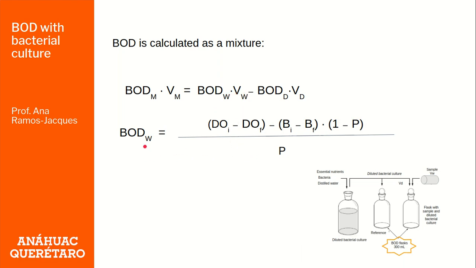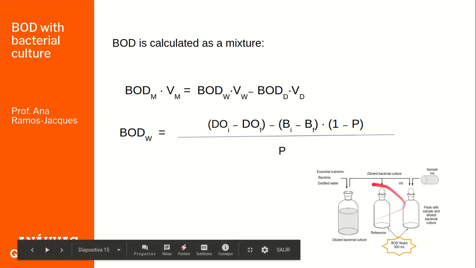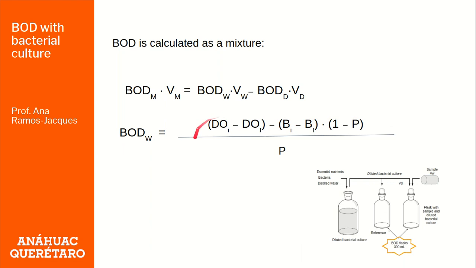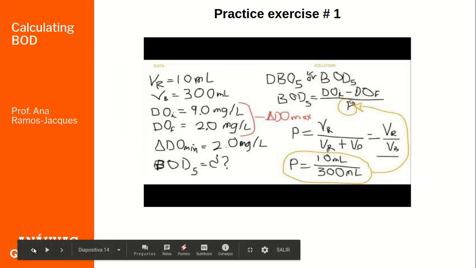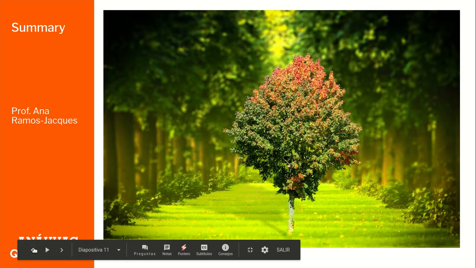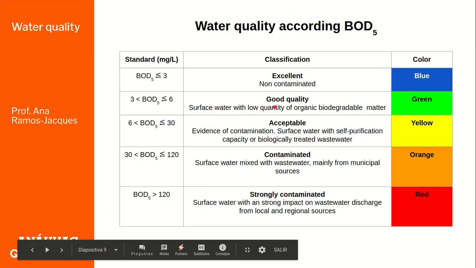So if you are asked about the wastewater BOD in a mixture with a bacterial culture, you can use this formula to calculate the sample and then compare it with this chart and the standard.